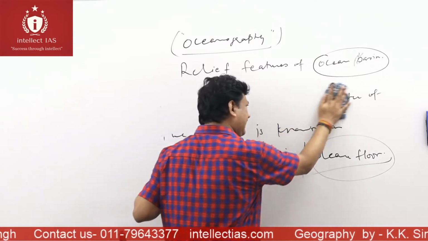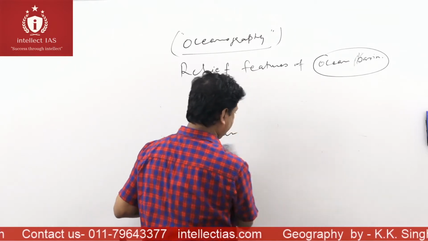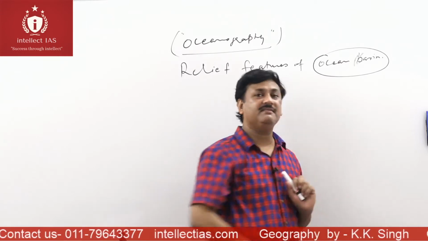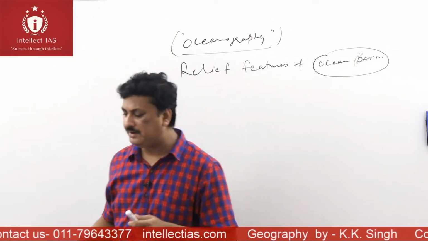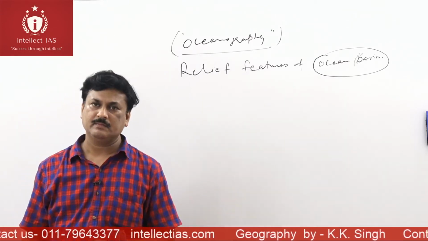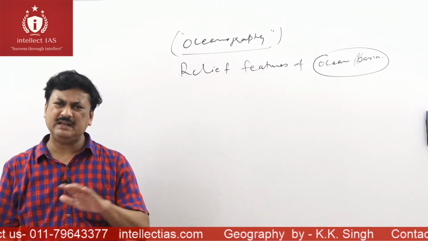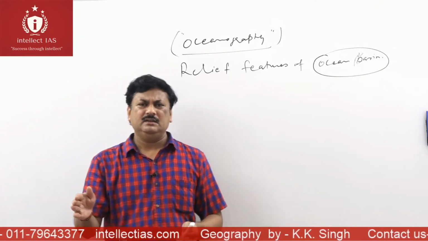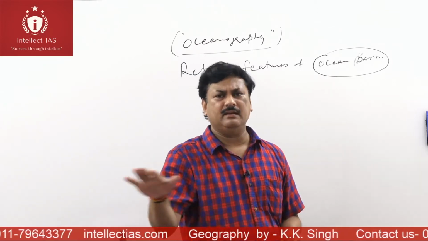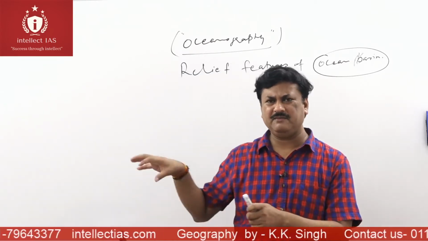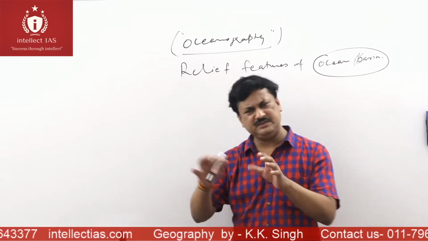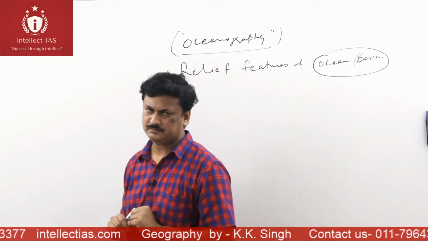Look, just like our earth, the ocean basin has a large number of physical features like mountains, plateaus, hills. Earlier it was believed that the ocean floor is plain, that there are no such features found on the ocean floor as are found on the earth's surface.